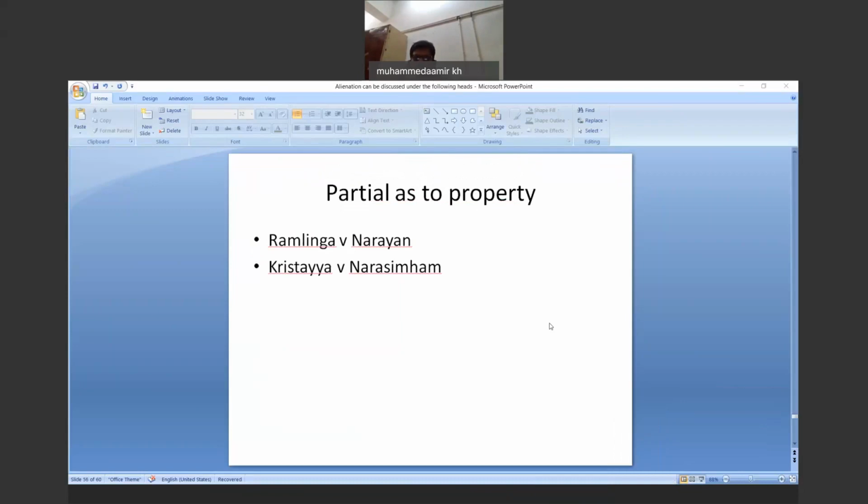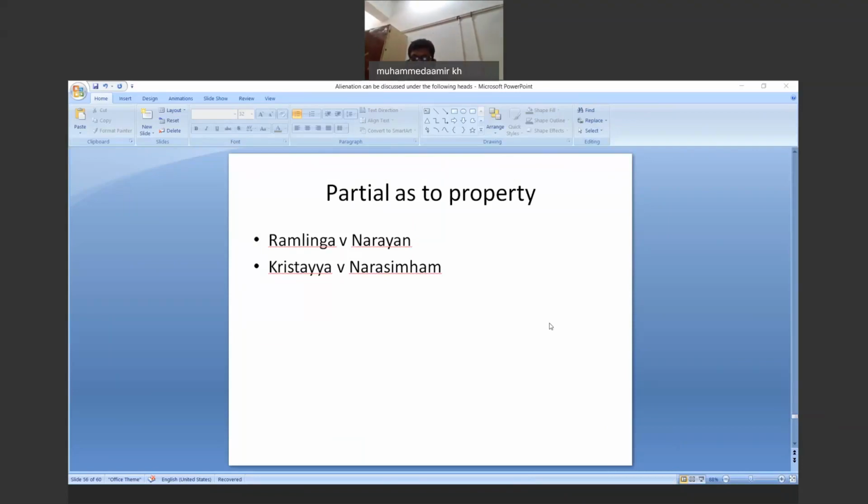When we talk about partial as to property, in the Privy Council case of Ram Linga versus Narayana in the year 1922, an old case, the Privy Council said that it is open to the co-partners to sever their interest in respect of part of the joint estate, the joint family property, while retaining their status of a joint family in respect of the rest of the properties.